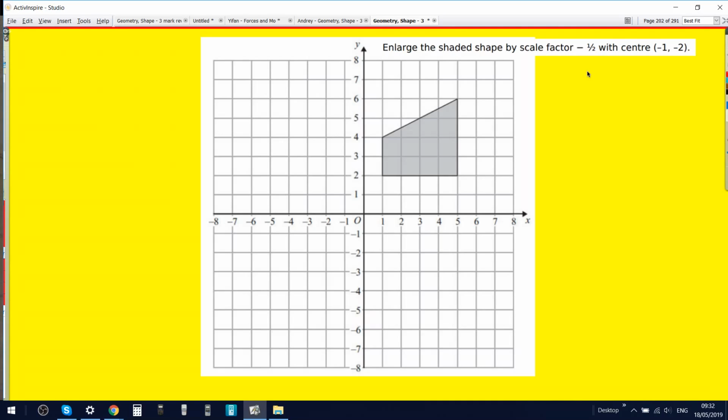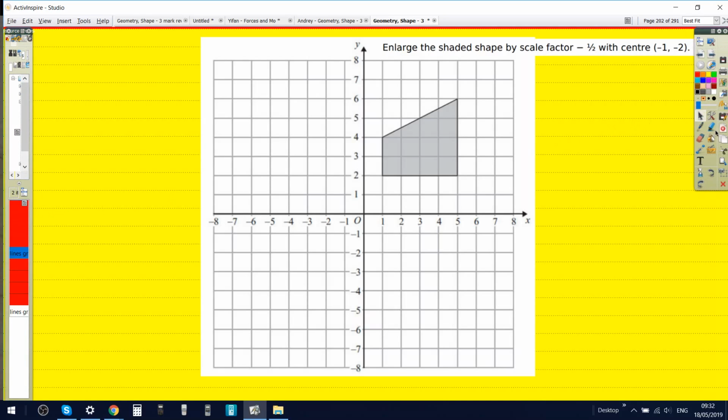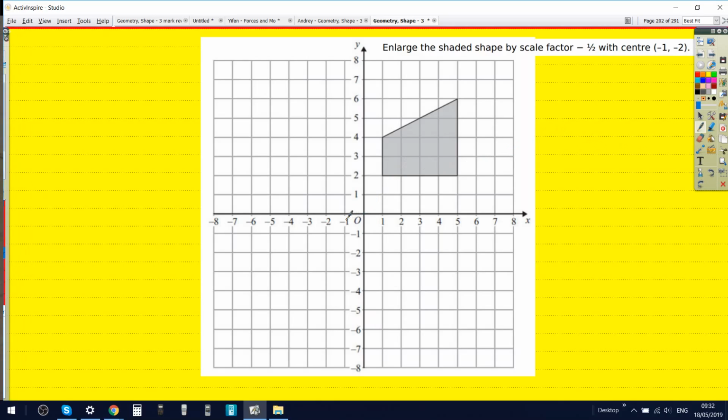So if I go to -1, -2, and then if I find out how to get from -1, -2 to 1, 1. So is that 2 across and then 4 up? 4.